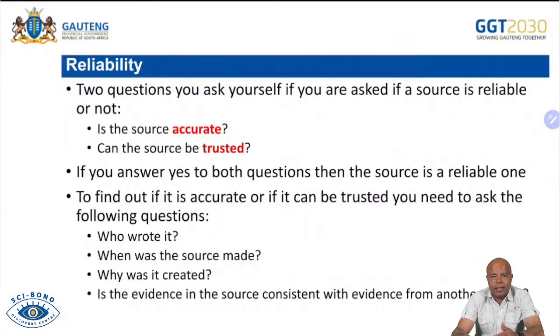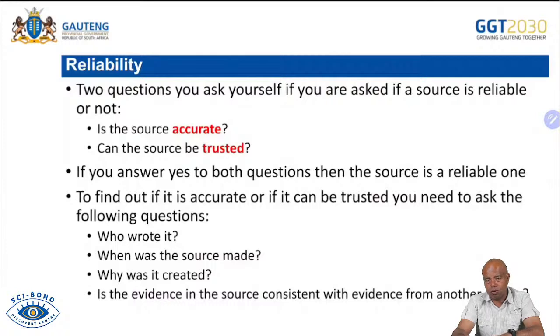Now, when we look at how reliable the source is, we need to look at who wrote it. It means the author. We need to look at the person that published it. We need to look at when the source was created. What does it mean? It means we need to look at the date. So what am I saying here? When you answer, we need to say the source is reliable because it's informing us who the author of the source is.